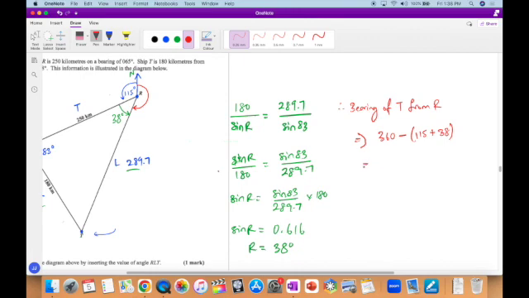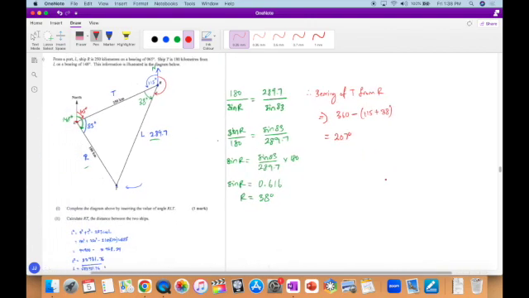So 360 minus 115 plus 38 is about 207 degrees, on a bearing of 207.